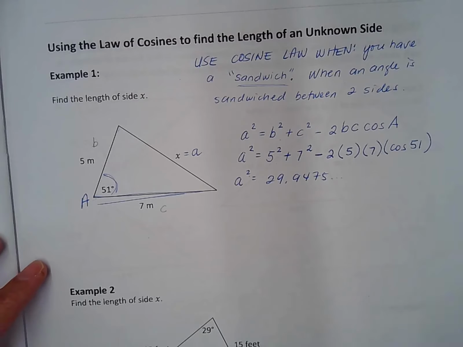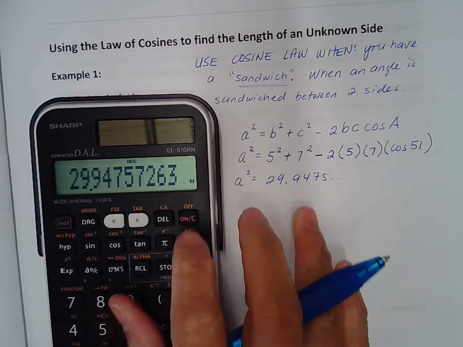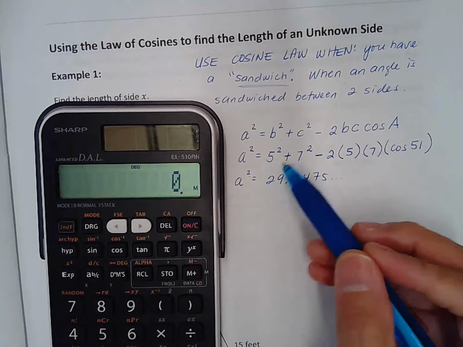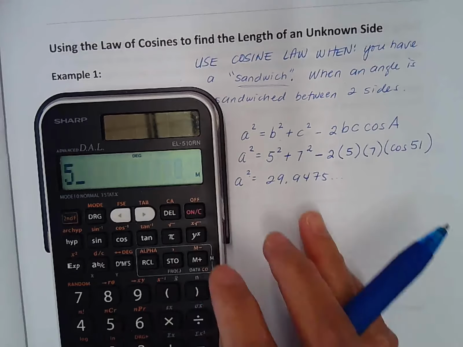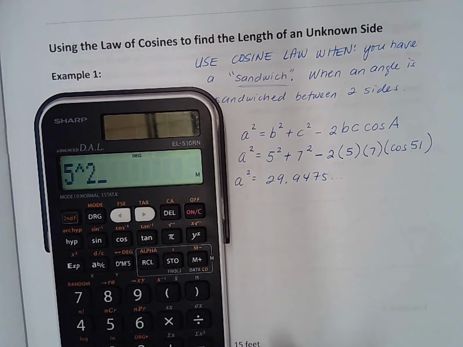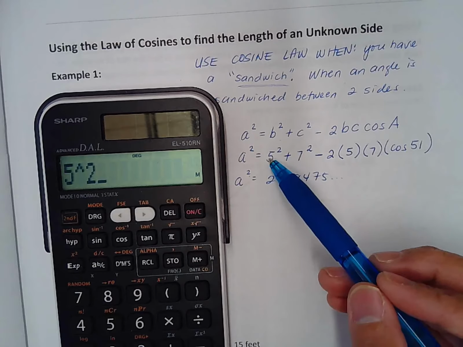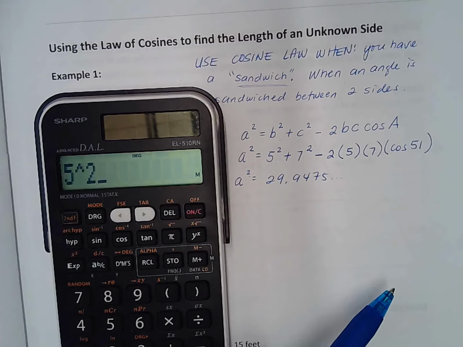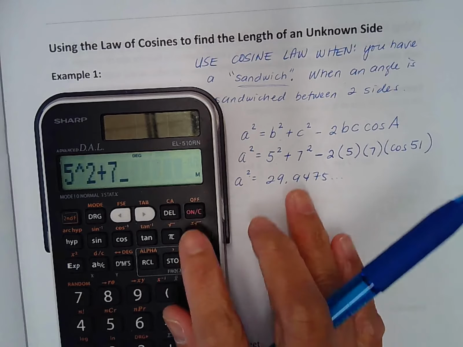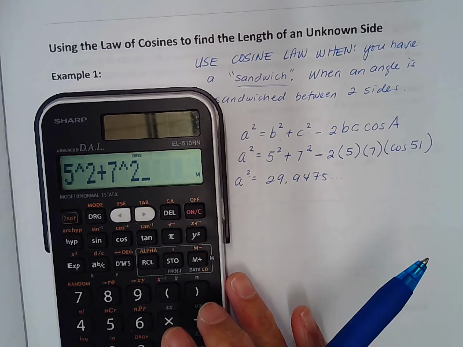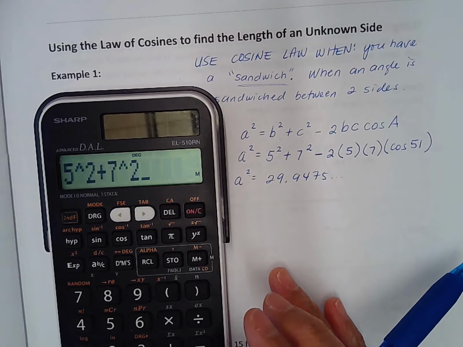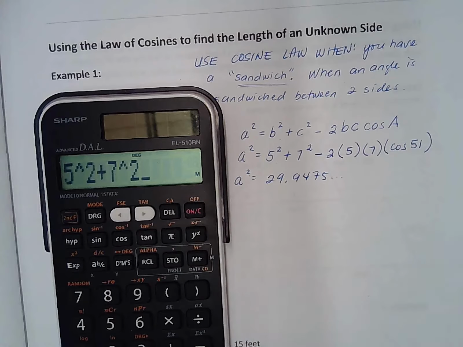Okay, so go 5 squared plus 7 squared. Your calculator is different than mine, so press the square button.